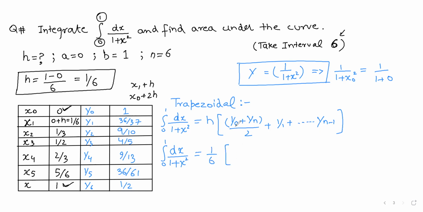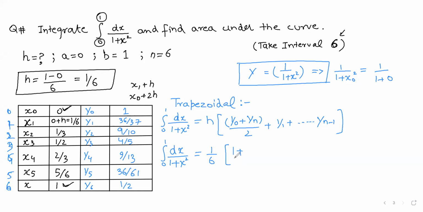What is the value of y naught? y naught is equal to 1, plus yn. This is n because this is the last term. Y6 will be yn. So 0, 1, 2, 3, 4, 5, and this is equal to 6.